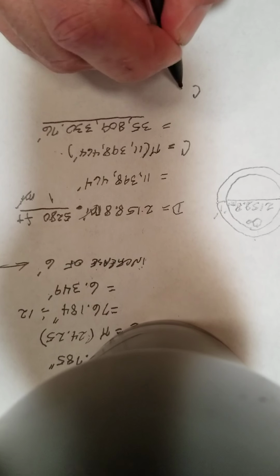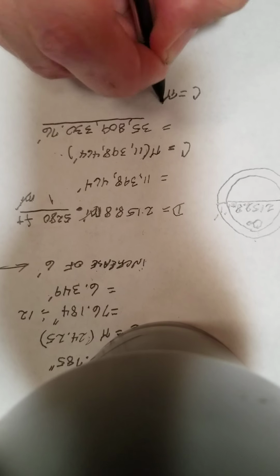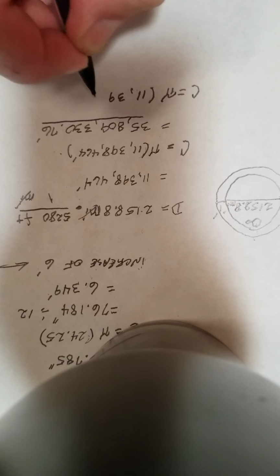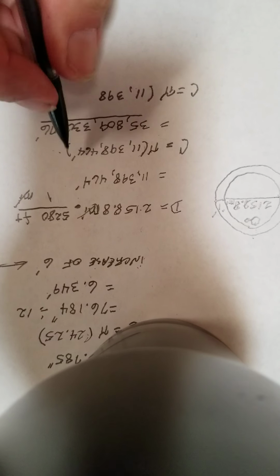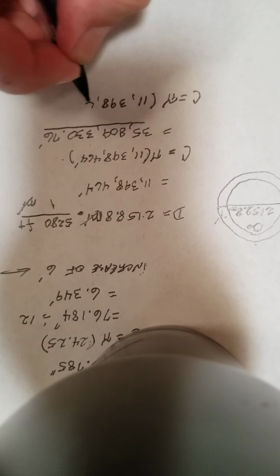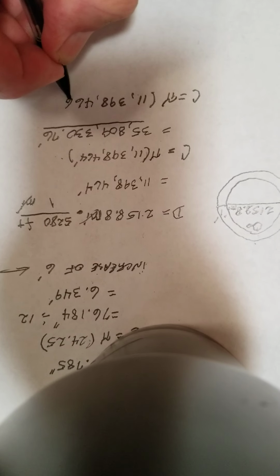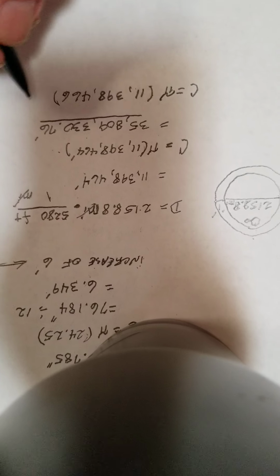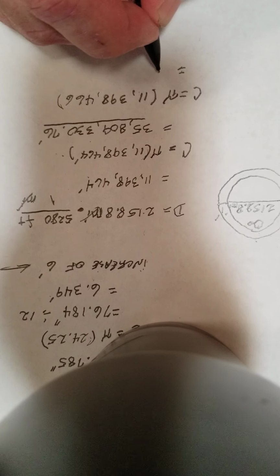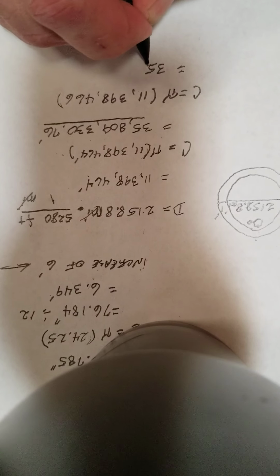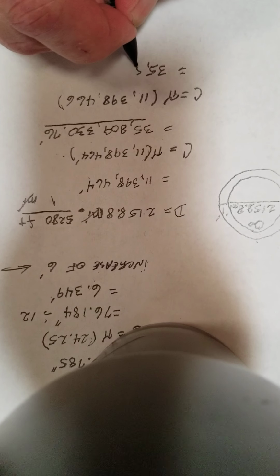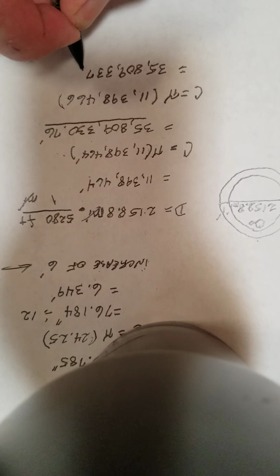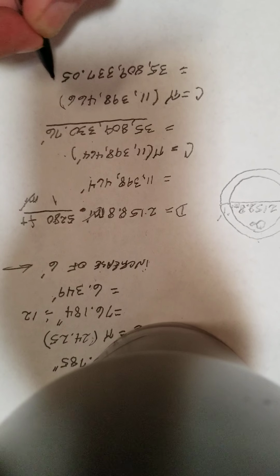Now our new circumference is going to be pi times 11,398,466. Instead of 464, we're adding 2 feet, so 466 feet. And that equals 35,809,337.05 feet.